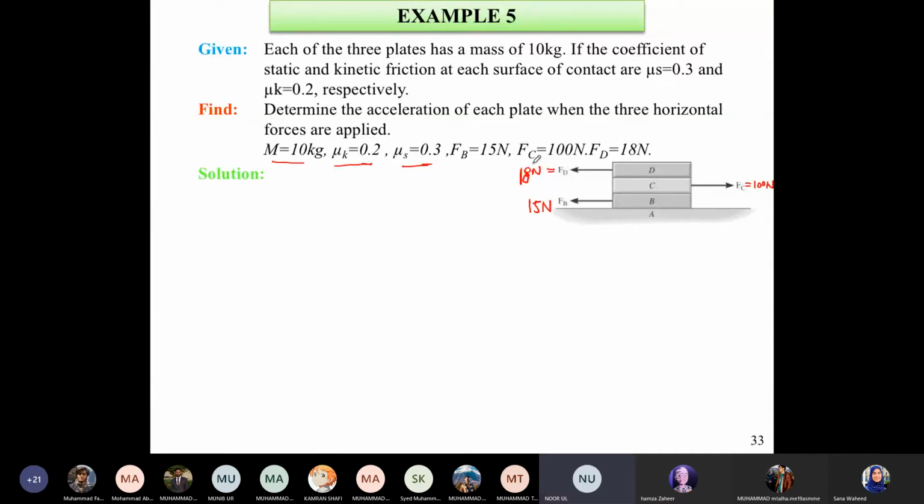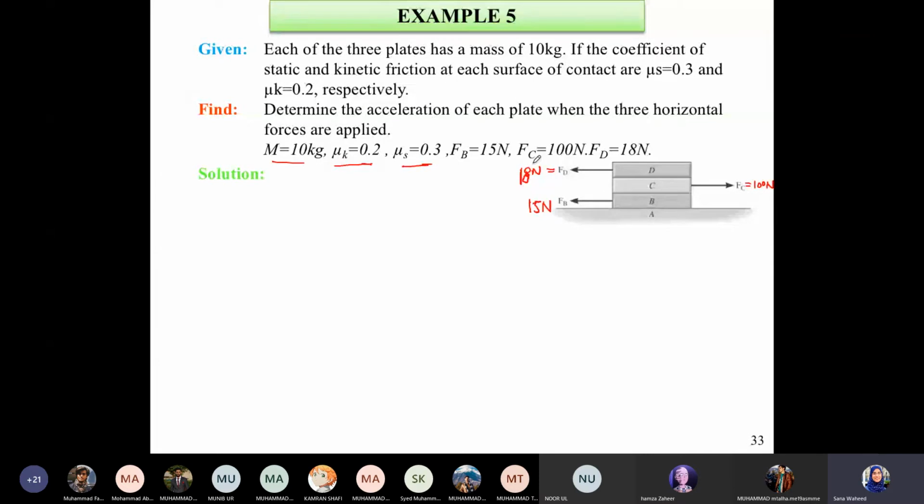Excuse me ma'am, first will we also determine whether the blocks even move because of the frictional forces or not? Noor, absolutely, you're completely right. Yes. Because what Noor is implying is that, as you may recall, frictional forces are not a fixed force which has just one value.